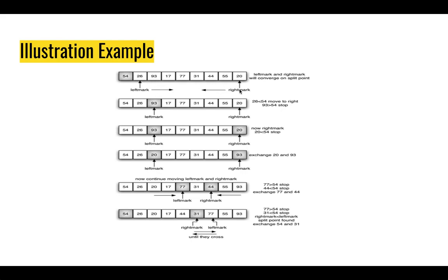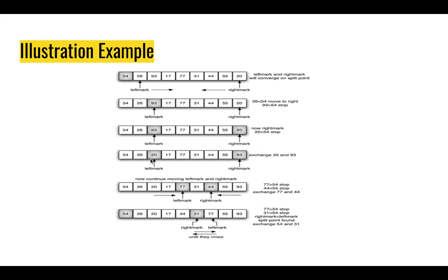Then the right pointer at 20: is 20 less than 54, which is the pivot element? Yes, it is. Then we swap the element pointed by the right pointer with the left pointer and the left pointer with the right pointer. That is what this exchange stage is doing.